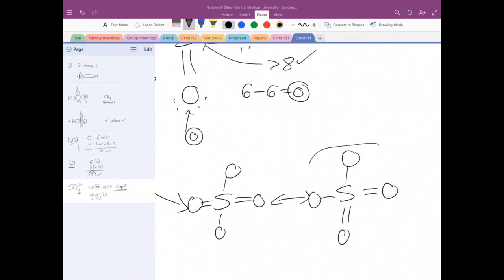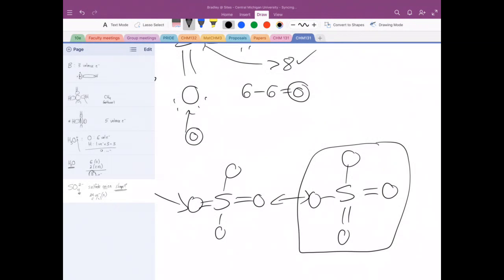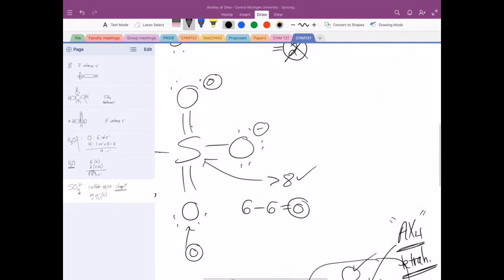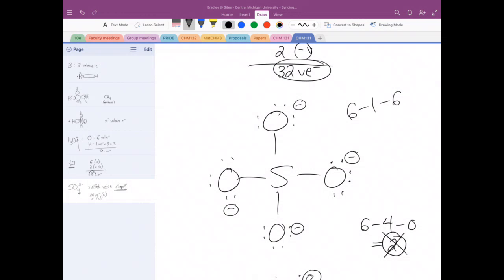Because even in this one, if you're looking at VSEPR, you can see I still have a central atom that's surrounded by 1, 2, 3, 4 things, right? No lone pairs around the center. And so this I would call an AX4, because it doesn't have any lone pairs, and so that's tetrahedral. But if you forgot that it had other resonance forms, and you just went with this one, it's not the right Lewis structure.